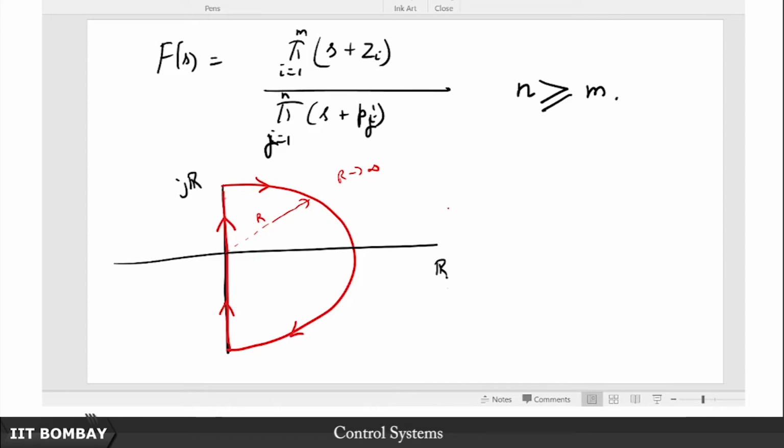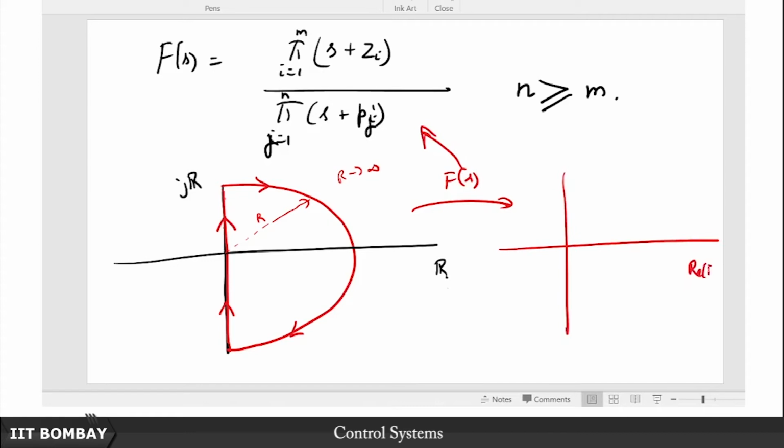So what we will do is, we will take test points on this contour, and we will pass them through this f(s) that looks something like this, and we will plot it here in the real part of f and the imaginary part of f, that is the f plane, and we will try to see what information can be extracted. So what is known to us?